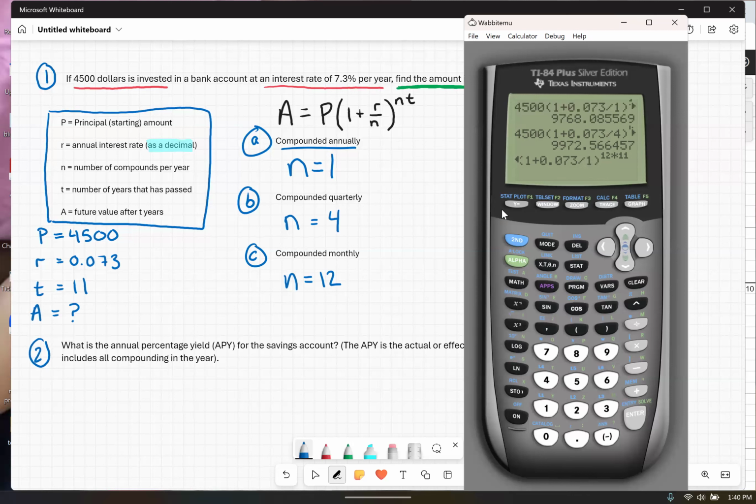So if I type the 1, and now I want to insert a 2 to make the number 12, right? Insert is INS above the delete key. So if you hit second delete, that will let you insert another character. Okay, we get a slightly higher number because, again, the more compounds per year, the faster the current balance is going to grow. 62 cents. Okay.